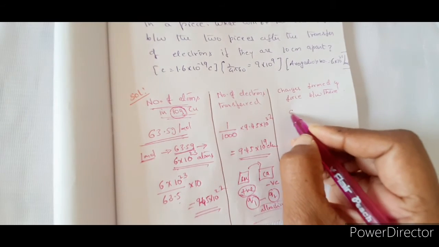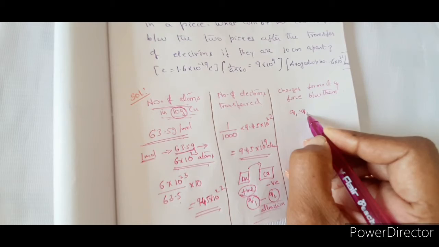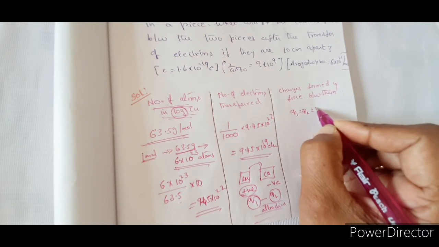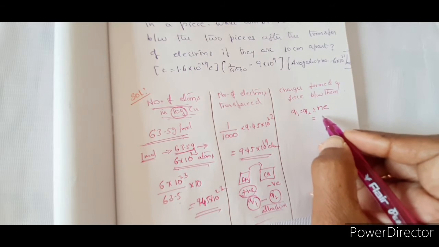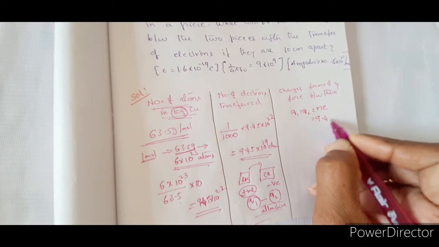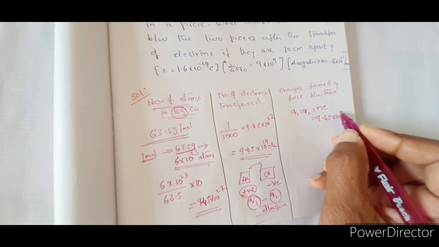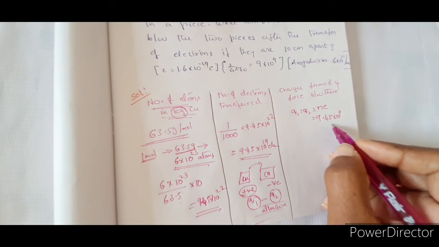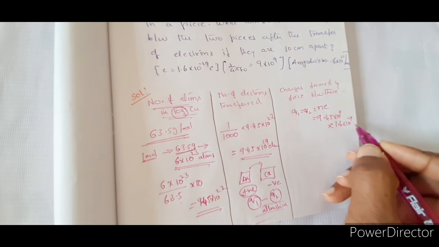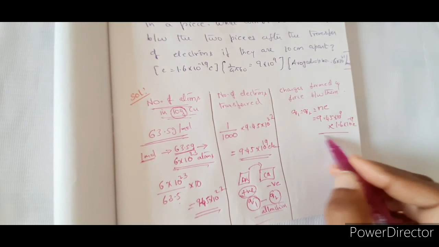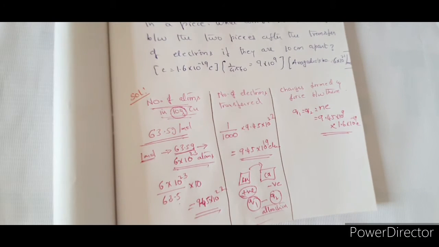You know that the charge Q1 equals Q2 equals N e. The number of electrons here is 9.45 into 10 to the power of 19, multiplied by the charge of an electron, 1.6 into 10 to the power of minus 19 coulombs. So this much charge is transferred, simple.